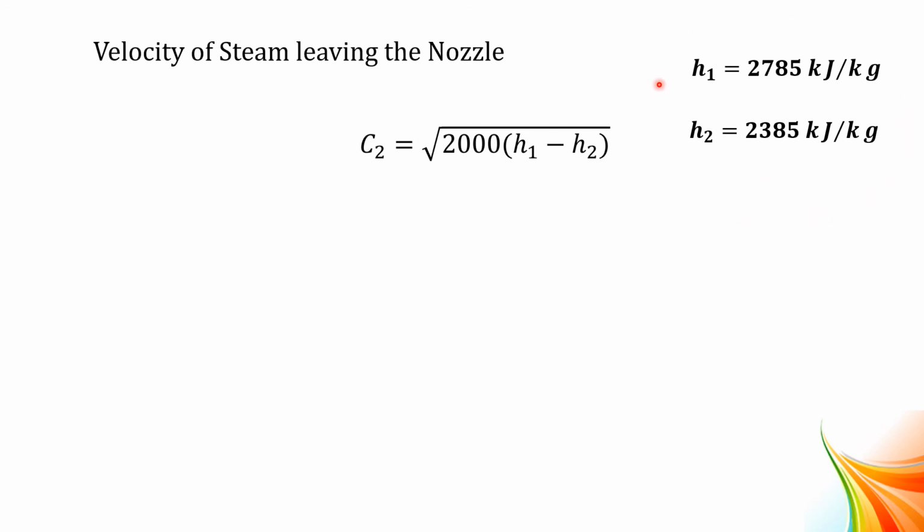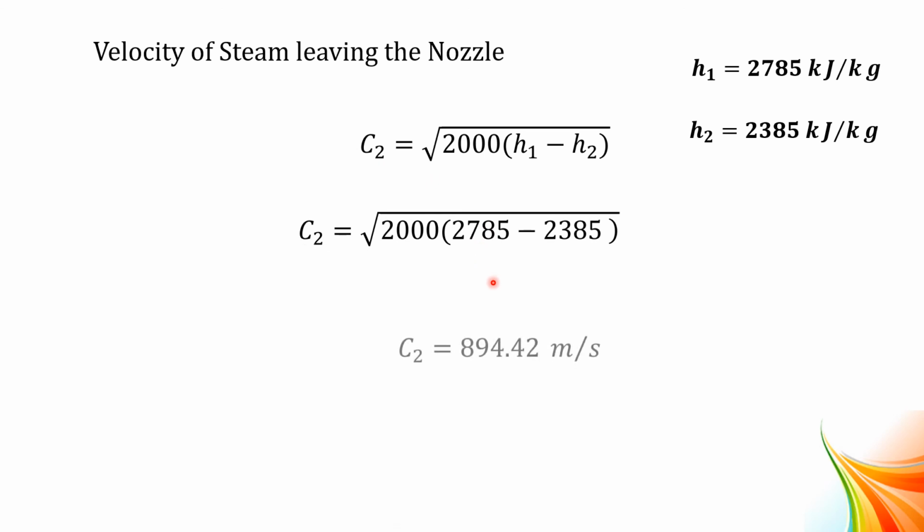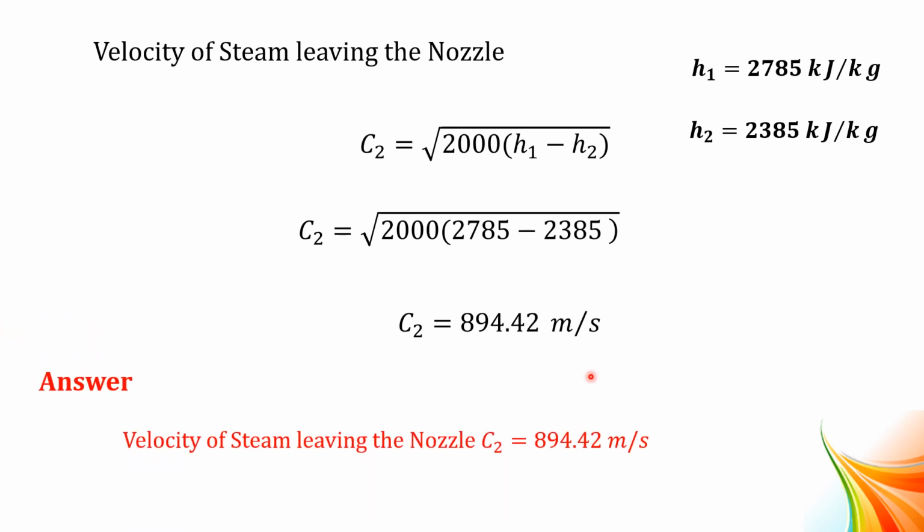Now substituting these values in the velocity equation, we get the velocity C2 equal to 894.42 meters per second. So our answer is: velocity of steam leaving the nozzle C2 equal to 894.42 meters per second.